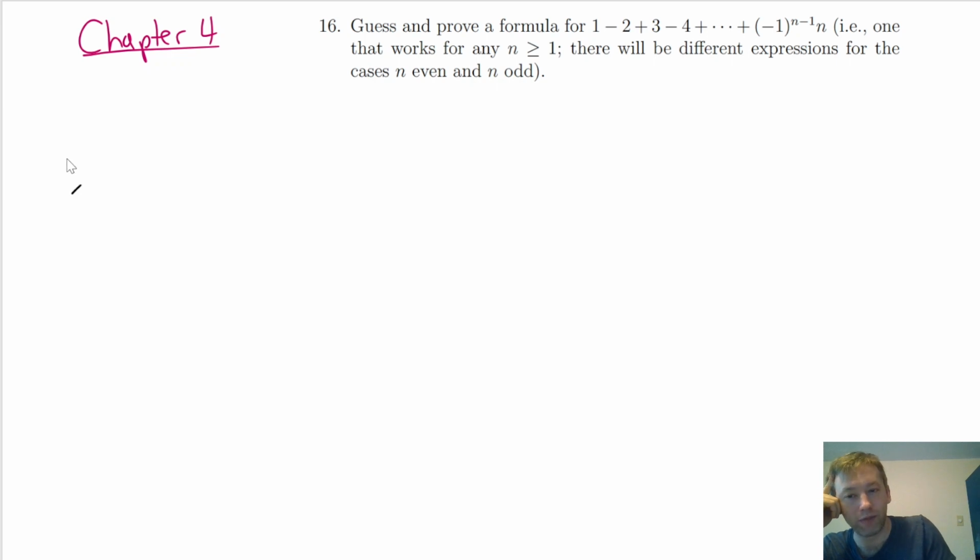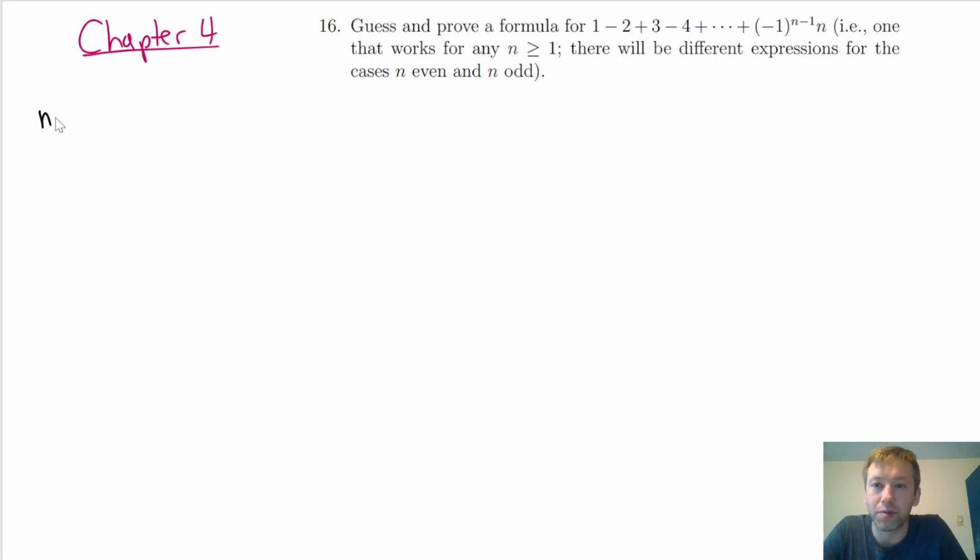To be honest, you haven't been given much in terms of methods to do this, but it doesn't turn out to be very hard. So let's try to guess a formula. Part of this question is really about seeing the pattern and seeing if you can prove that it's true.